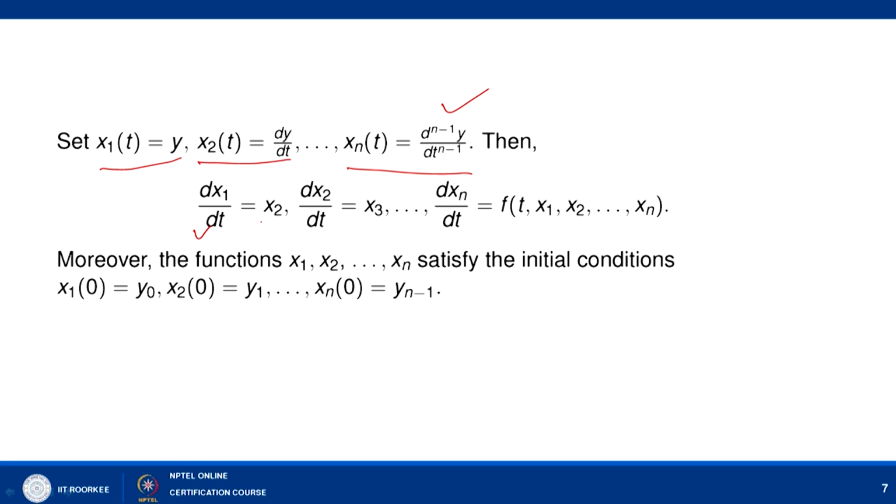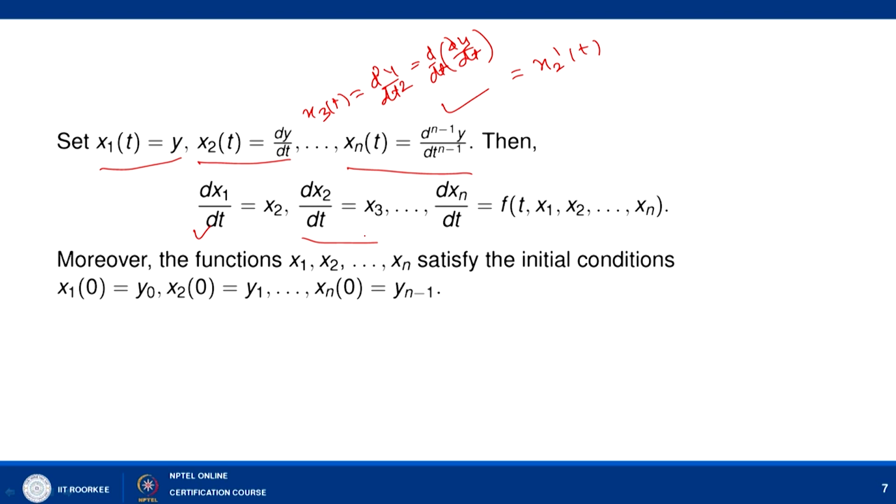dt equal to x2, and similarly we can look at x3(t) is equal to d squared y by dt squared, and we can simply say that this is nothing but d by dt of dy by dt, and dy by dt is x2. So, we can say that x3 is x2 dash(t). So, we can write dx2 by dt equal to x3, and so on.